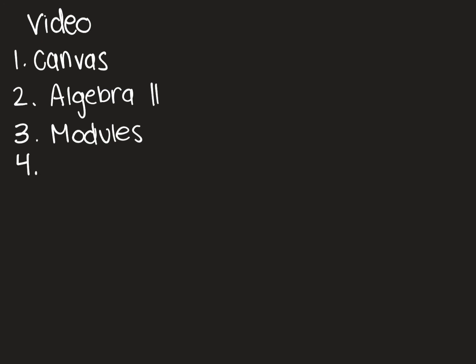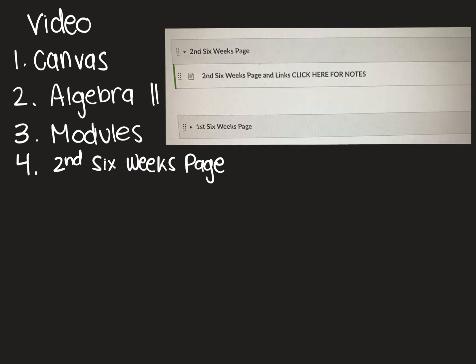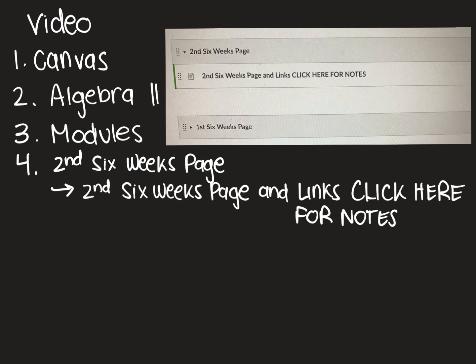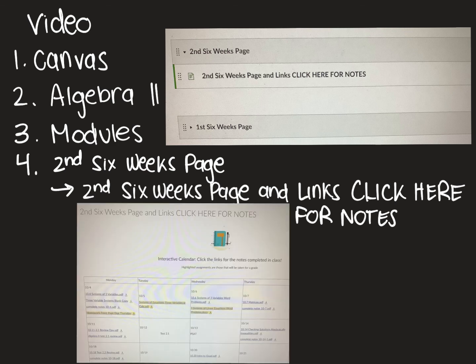The fourth thing that you are going to do is click the link under the module titled Second 6 Weeks Page, and that link is titled Second 6 Weeks Page and Links. Click here for notes. So please click that link. Then, once you see it, you're going to see a very big calendar. And when you scroll down to today's date, which will be 10/25, you should see my video.